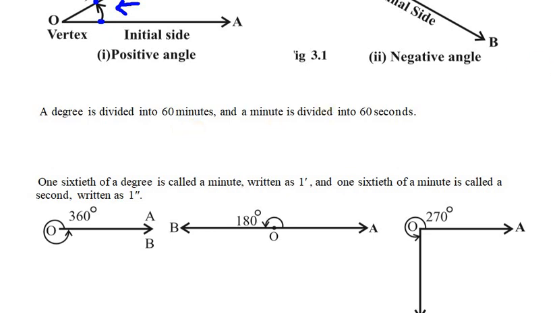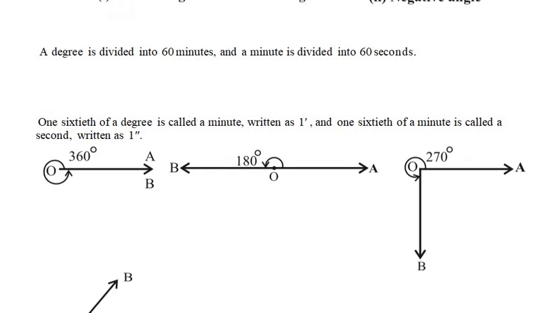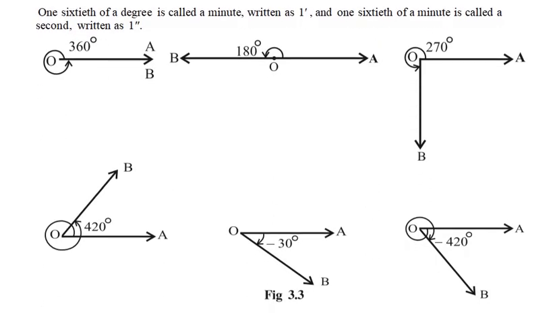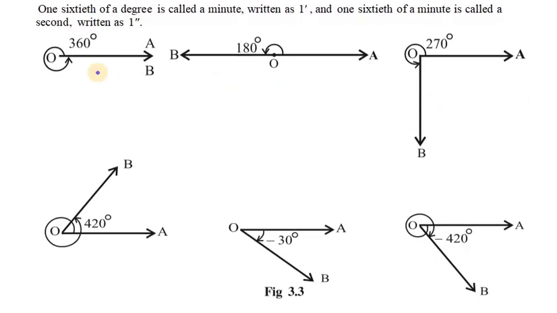So let's start with the next illustration. Here we are with some angles. We know that one full rotation equals 360 degrees, half rotation equals 180 degrees, and 3/4 of a rotation equals 270.